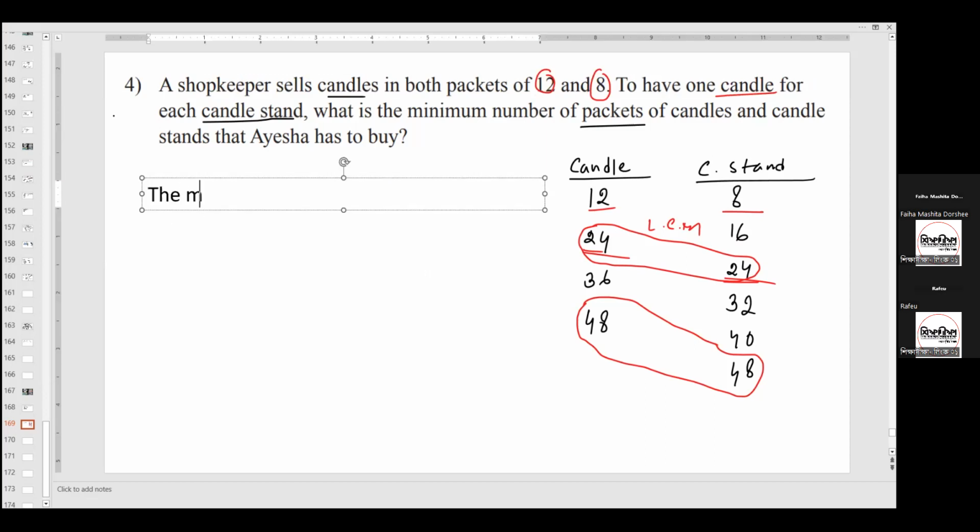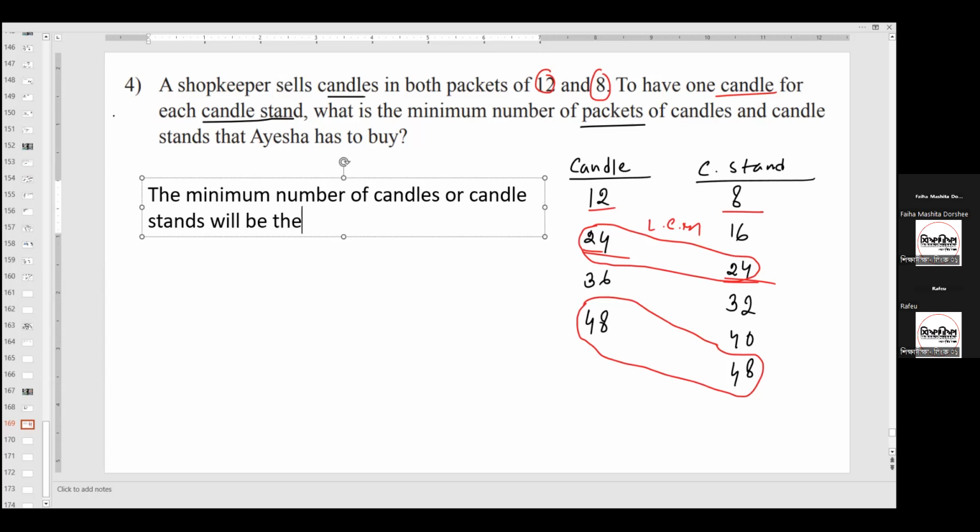The minimum number of candles or candle stands will be the LCM of 12 and 8, right? Now we need to find the LCM of 12 and 8.